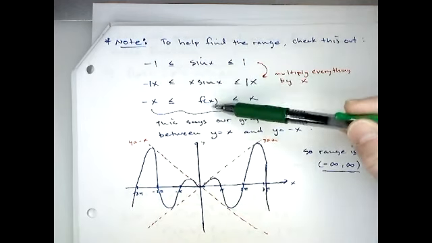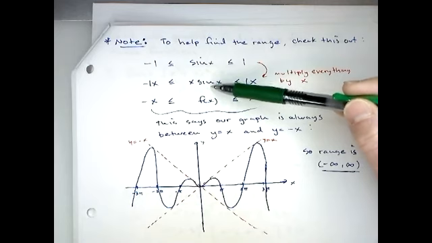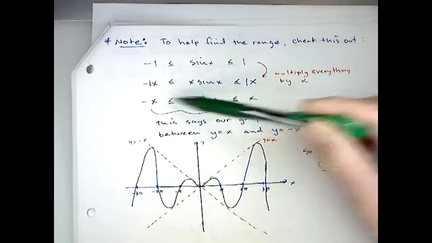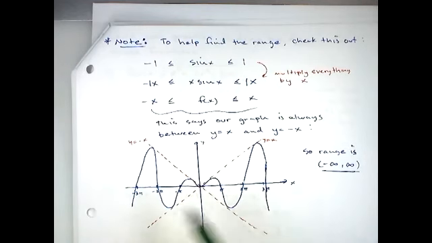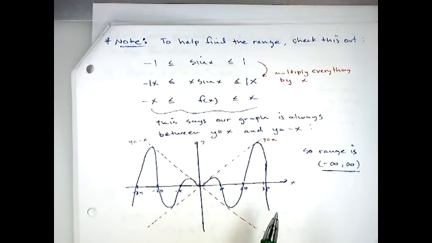And notice that was the function we were just graphing. What this tells us is the graph of x sine of x will always fall between these two lines, the line y equals x and the line y equals -x.